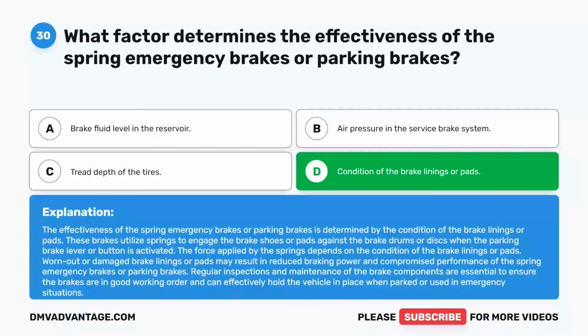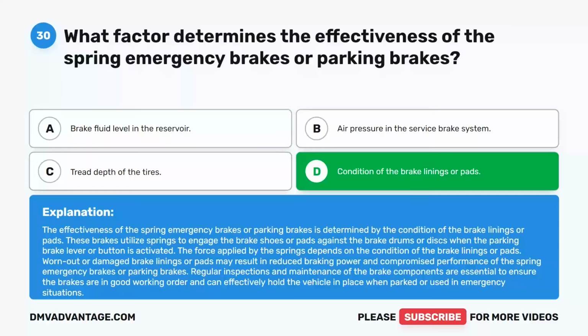The effectiveness of the spring emergency brakes or parking brakes is determined by the condition of the brake linings or pads. These brakes utilize springs to engage the brake shoes or pads against the brake drums or discs when the parking brake lever or button is activated. The force applied by the springs depends on the condition of the brake linings or pads.